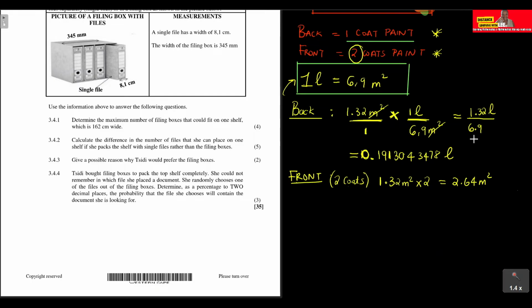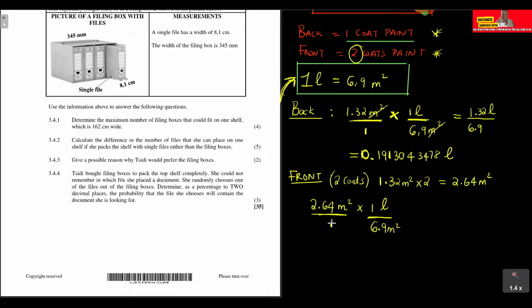Then from there, we're going to convert this to how many liters of paint you would need to paint this area. So you take that 2.64 meters squared multiplied by what you want. We use this equation of 1 liter divided by 6.9 meters squared.